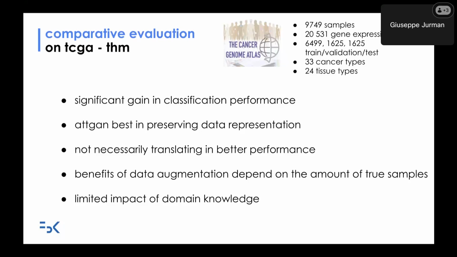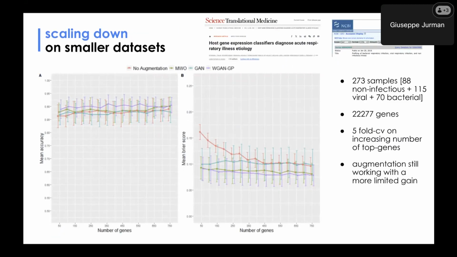Moreover, it has a limited impact on domain knowledge, and this is understandable, since we cannot expect that using synthetic data may help in revealing more a priori knowledge with respect to what we have injected in the attention mechanism itself. This has been proven on very large datasets, so datasets with thousands of samples.